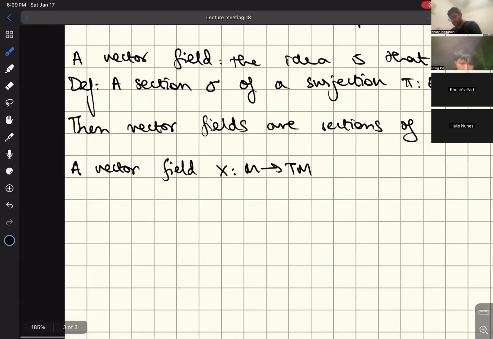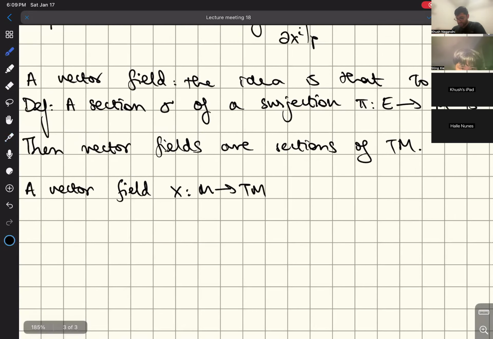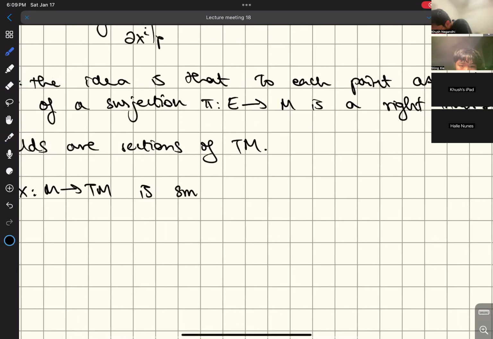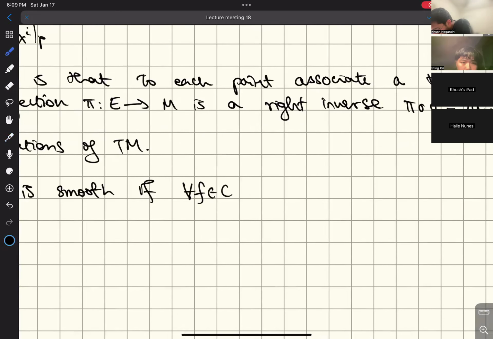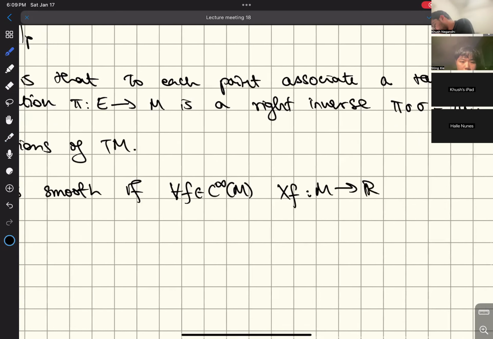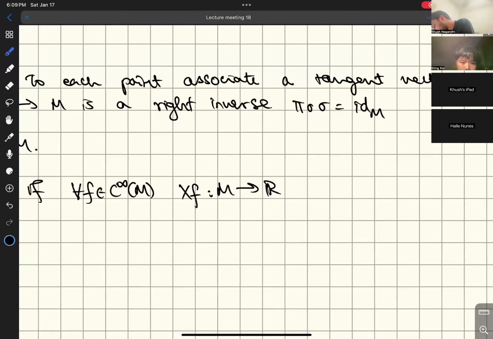Another way to talk about it is, a vector field is smooth if for all f in C infinity of M, X of f from M into R is smooth.